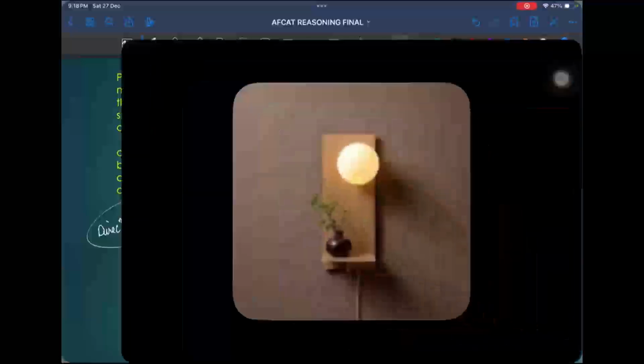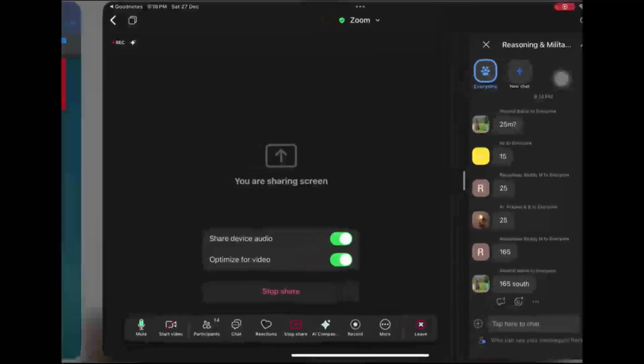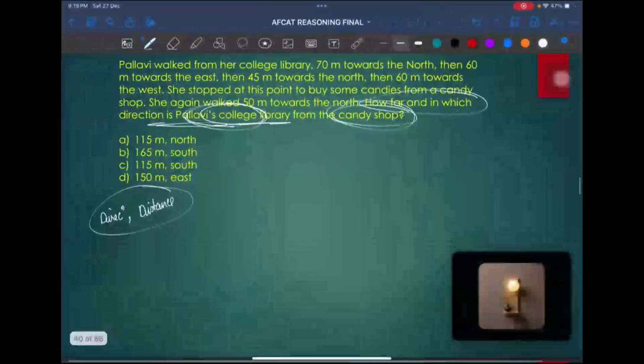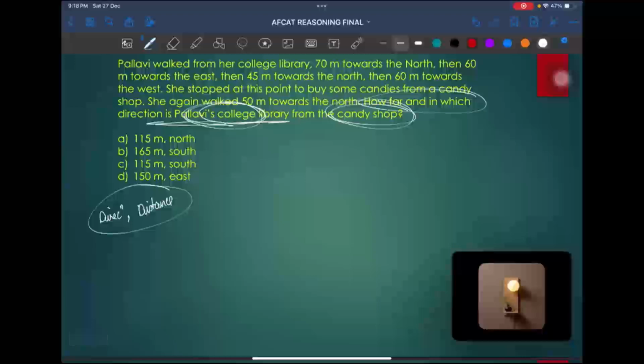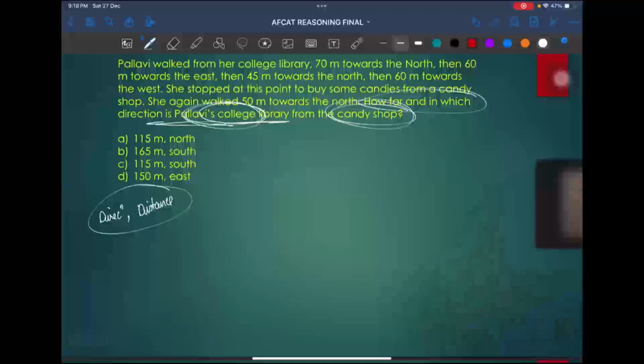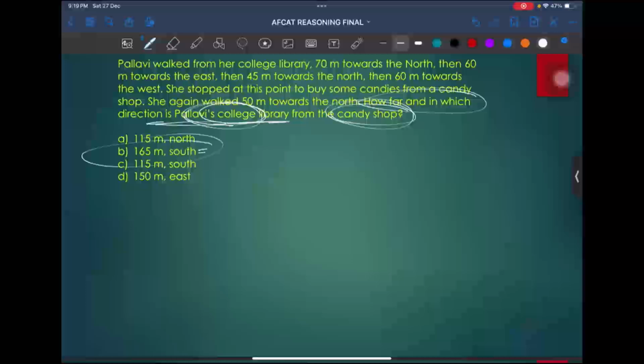From the candy shop, they're asking, it's not the final position. 165 meters south. Okay. Now I'll try to solve, and many of your friends are trying to answer in the chat box. Let us see whether it is 165 meters or something else.